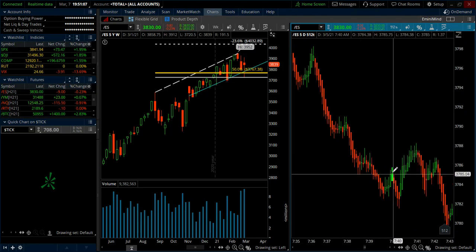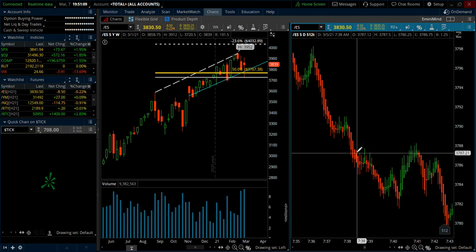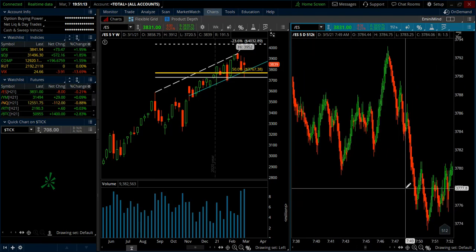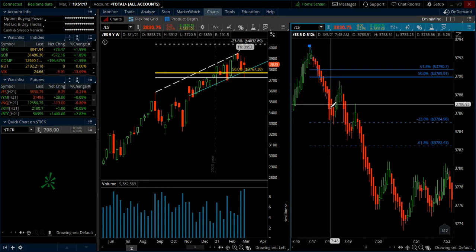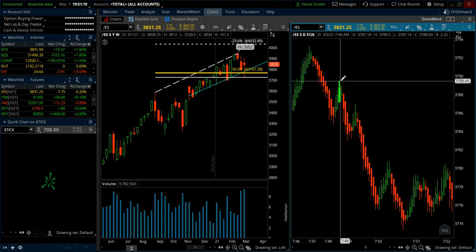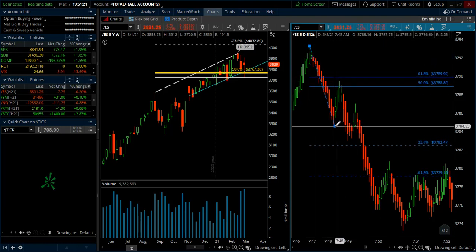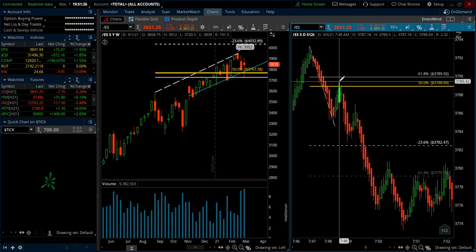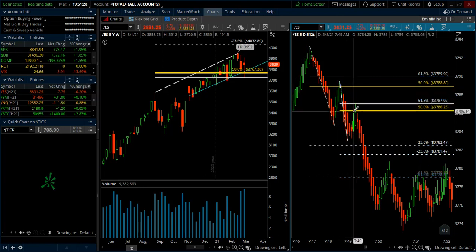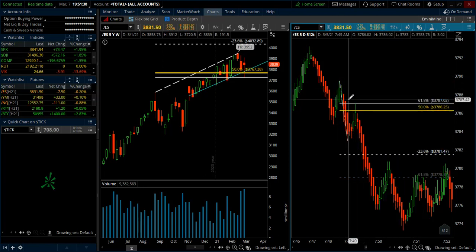Well, after a while, it doesn't take very long for us to break an extension and then come all the way halfway back. So if I'm drawing a retracement in just a series where we have one halfway back, and notice how I draw the halfway back, it comes down to the negative 23 and bounces. So okay, I draw the next halfway back, comes up to the 50%, and it sells off.